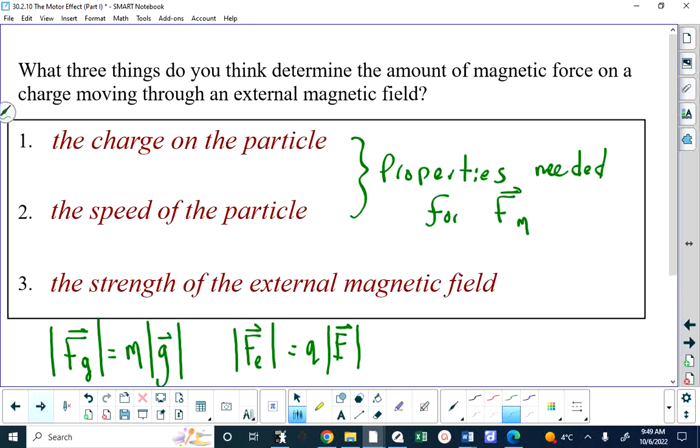Well, what property of matter is responsible for magnetic forces? Well, there's two. Charge and speed. And the magnetic field strength is given the symbol B. So that's why this formula is the way it is. It's not as simple as these other two. There's three quantities you multiply.